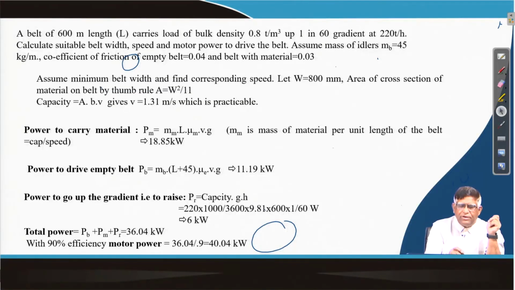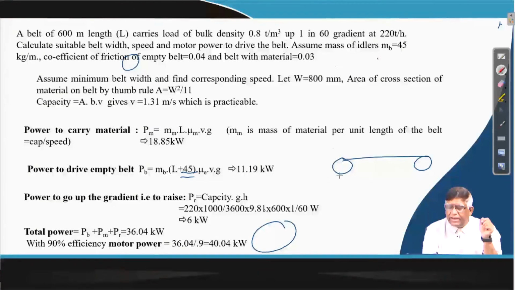Then you take the length of the conveyor and multiply. Now, to drive the empty belt, the length is given as 1 unit, and this 45 we take as a thumb rule, because when the conveyor belt is running over here, it takes this length.